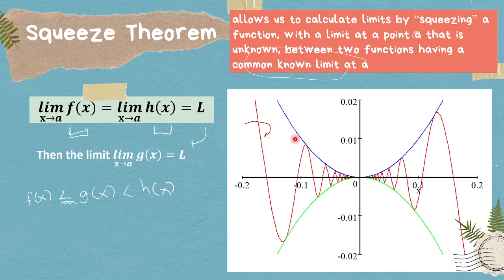If the limit of the upper and lower function is equal, therefore the limit of the middle function is also equal to 0. So, yun lang naman yun. Kung ano yung limit ng nasa taas, kung ano yung limit ng nasa baba, yun din yung limit ng nasa gitna.